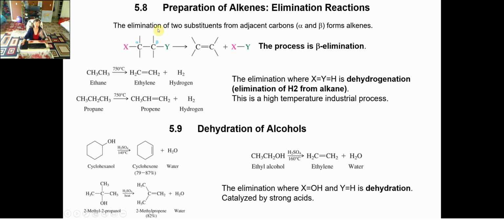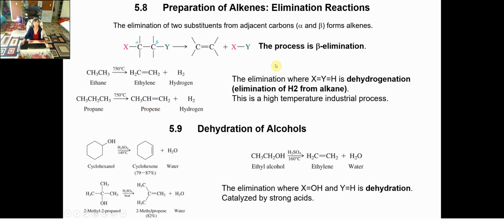The elimination of 2 substituents from the adjacent carbons, alpha and beta carbon, is going to result in the formation of alkene. So for example, if you have ethane at 750 Celsius, a hydrogen molecule will be removed from 2 carbons, and then you produce an ethene. Similarly, if you have propane under very high temperature, 700 Celsius, you remove 1 mole of a hydrogen molecule, so you produce propene.